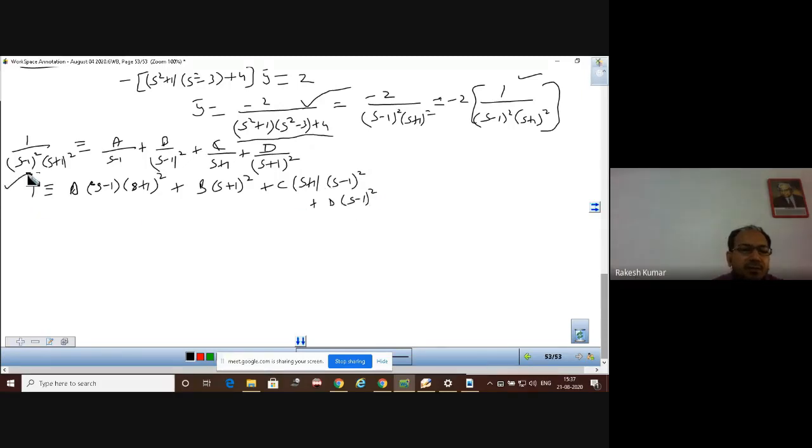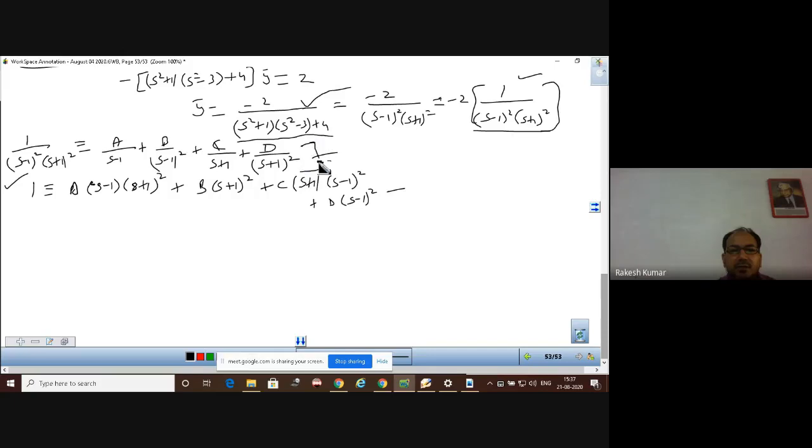I leave it as a home assignment. You will find out the partial fraction of this and put the value here, and then find out the Laplace inverse transformation. I leave it as a home task. You will complete at home.